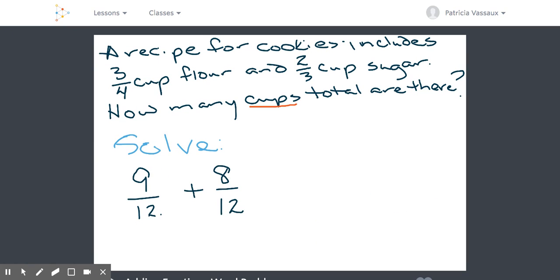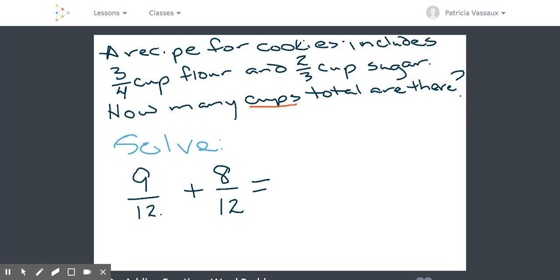So now we're in the solve stage. And this is frequently the simplest part. You've done all the hard work ahead of time. So now we've got 9/12 plus 8/12 as equivalent fractions, and we go ahead and add. When adding or subtracting fractions, once you've established common denominators and found the equivalent fractions, you can essentially ignore the denominator.